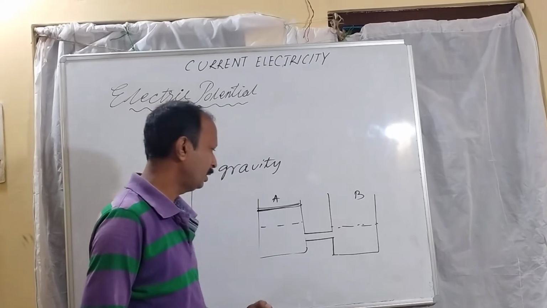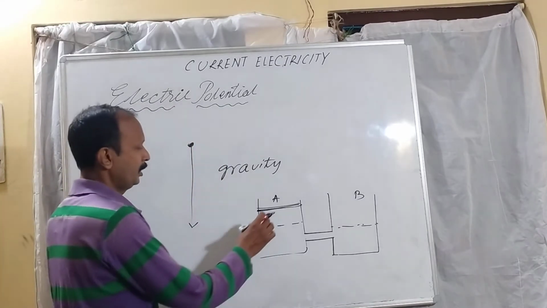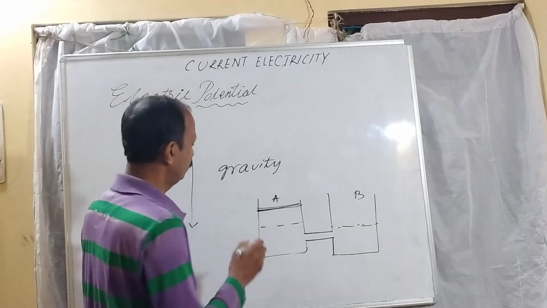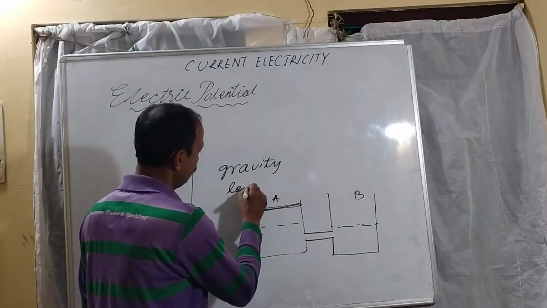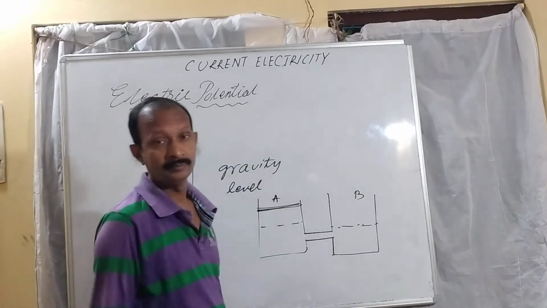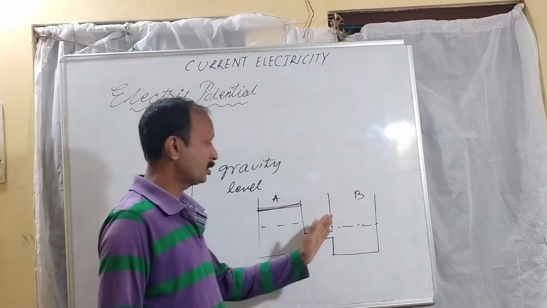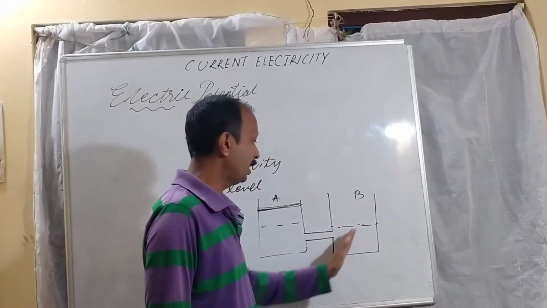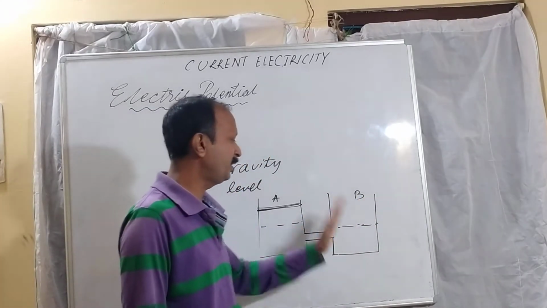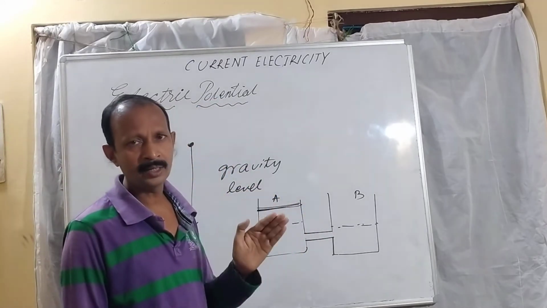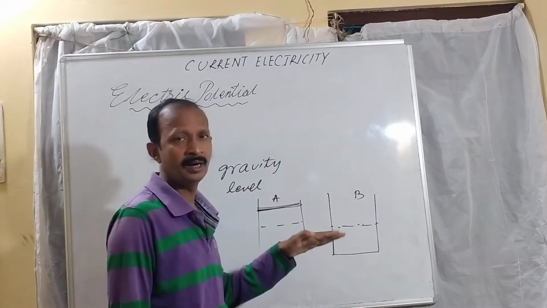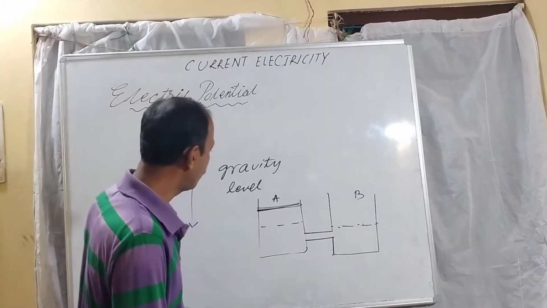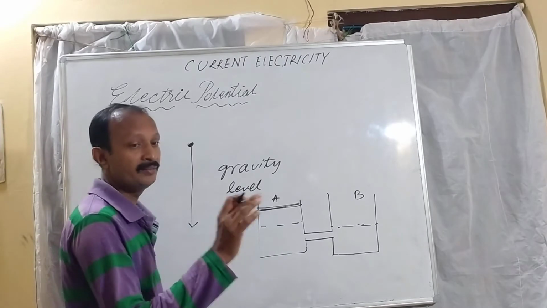Whatever it may be, I can say that the direction of flow of water is decided by a term, that is the level of water. I am not saying about the volume of water. The container may have more area of cross section, volume may be the same, it does not matter. The matter is the height or level of water. That means the direction of flow of water is decided by the level.